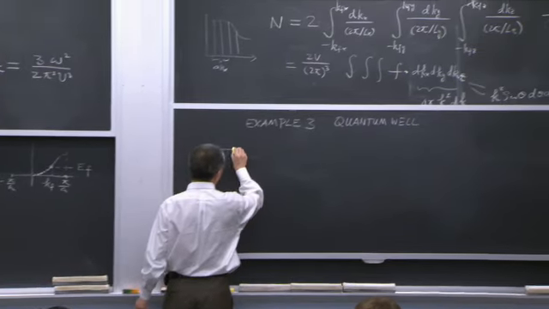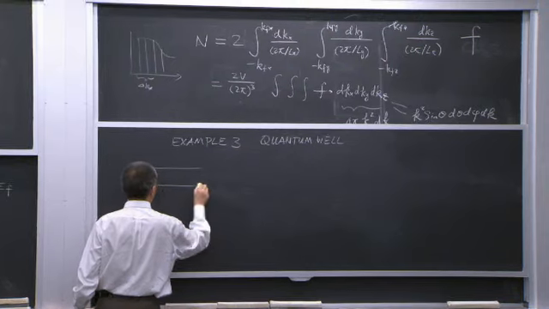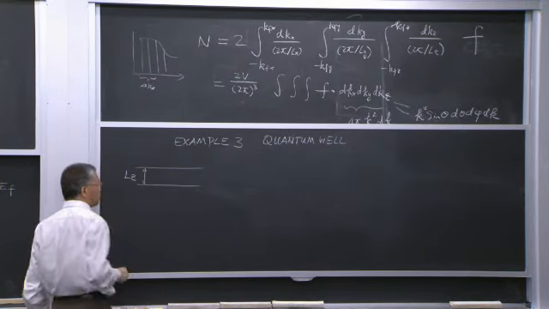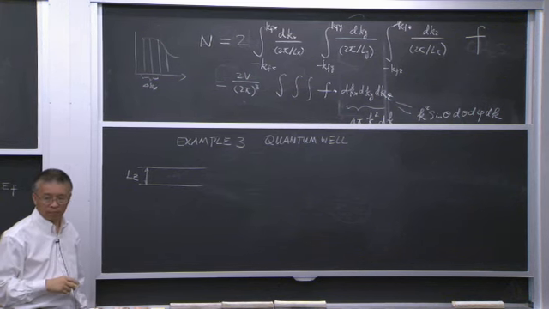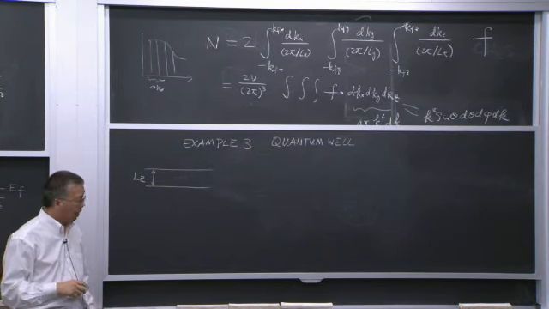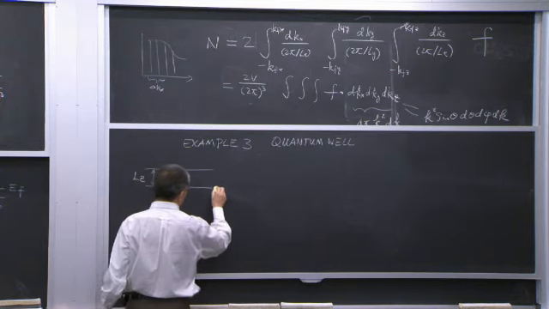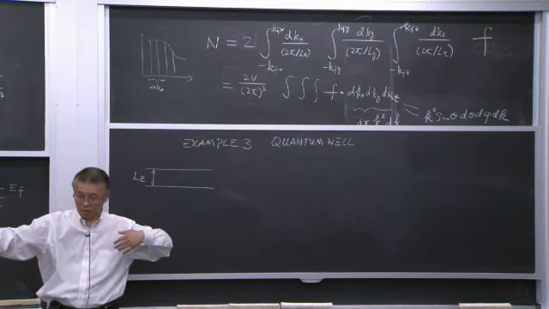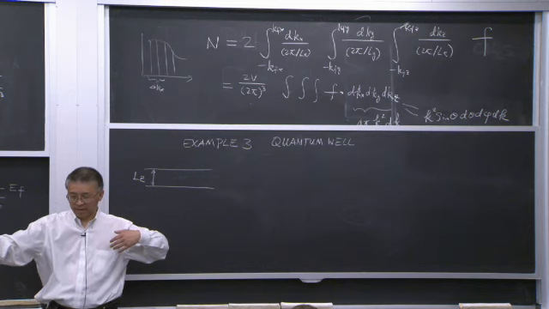So if I have a film, in the thickness direction I have Lz, and in the xy direction, I have free motion. I don't have a constraint.